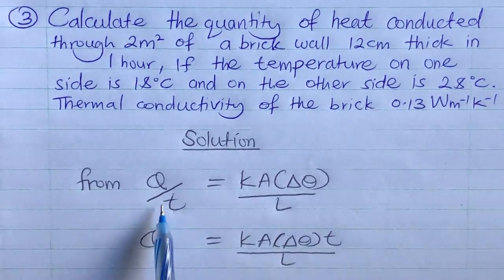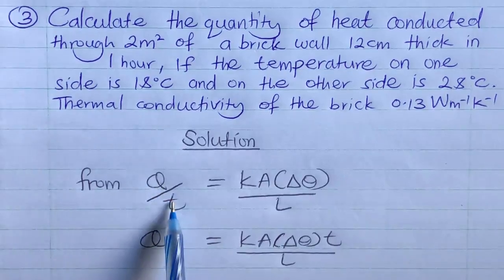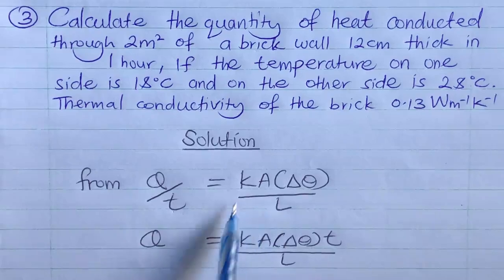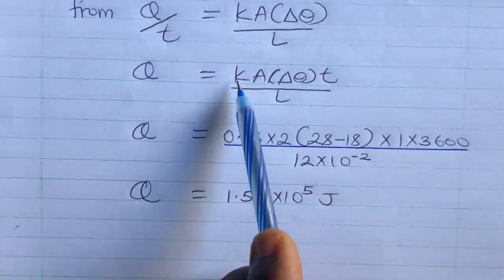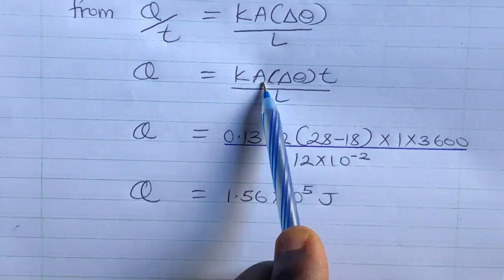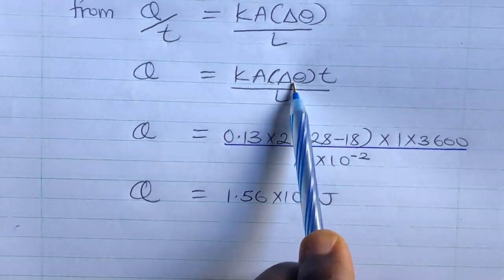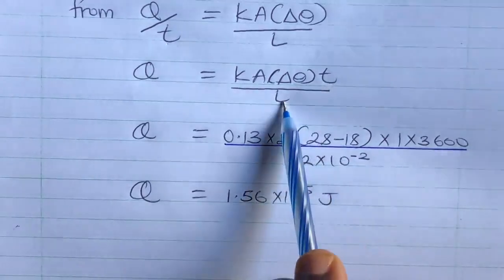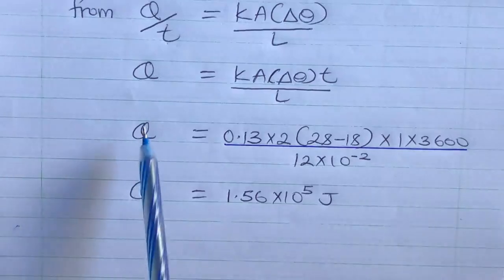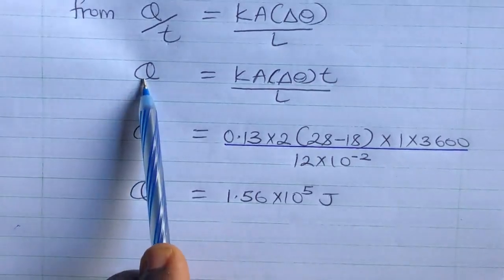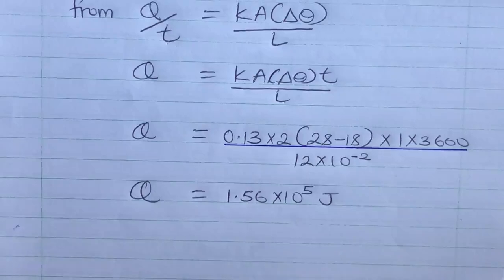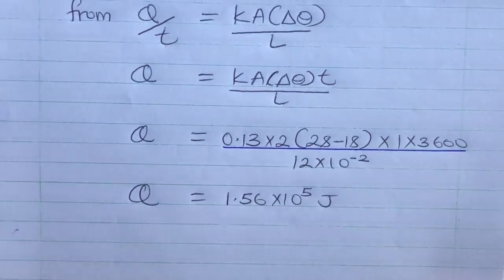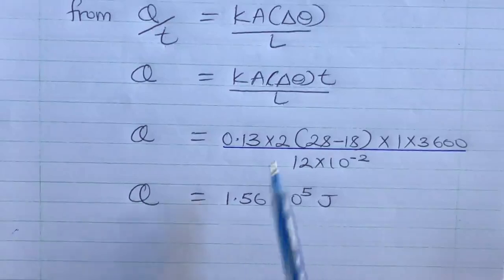So for us to remain with the amount of heat, we shall multiply by time, so that we end up with our heat as the thermal conductivity times the cross-sectional area times temperature difference times the time over the length. In most cases, when asked to get the amount of heat, we must be given the duration for heat transfer. And from our question, we are given everything, so we shall just substitute.